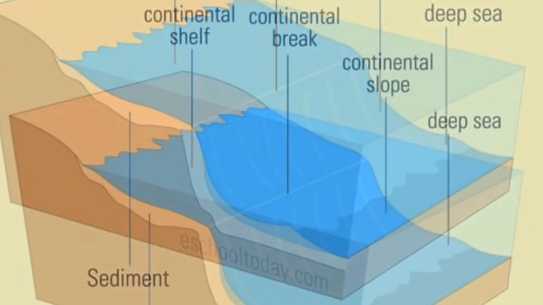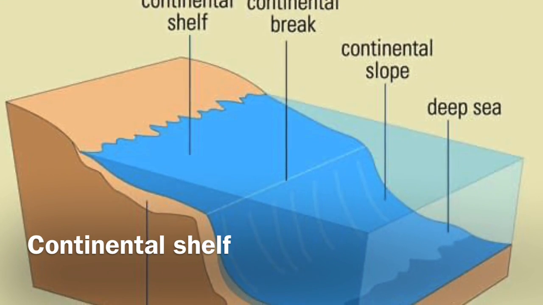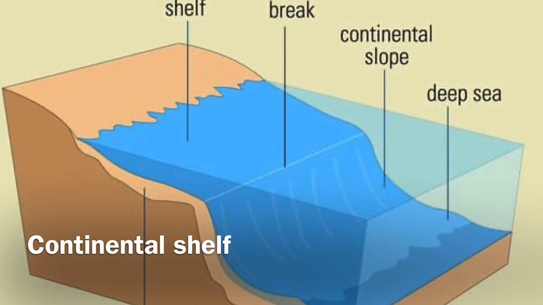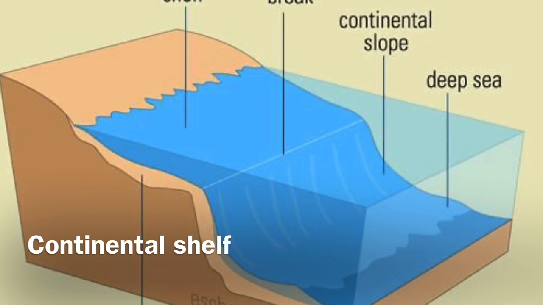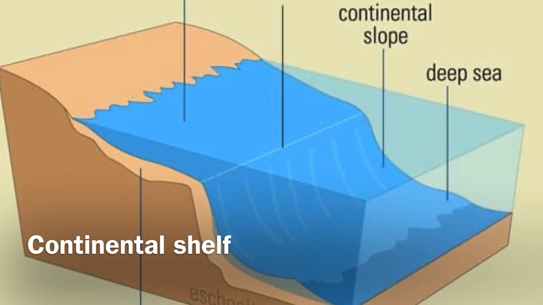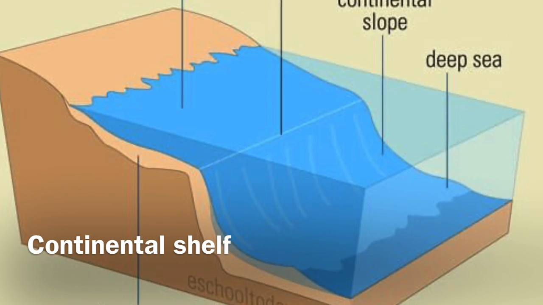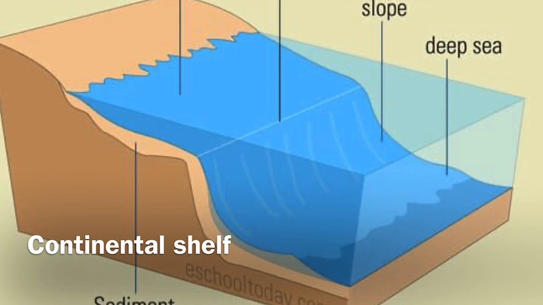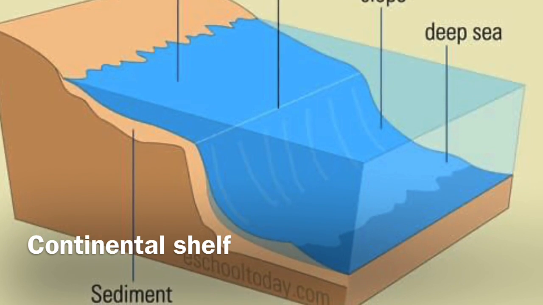The second reason why the continental shelf area is important is that it has extensive deposits of minerals and mineral fuels. So this zone becomes accessible for oil drilling and mining activities.